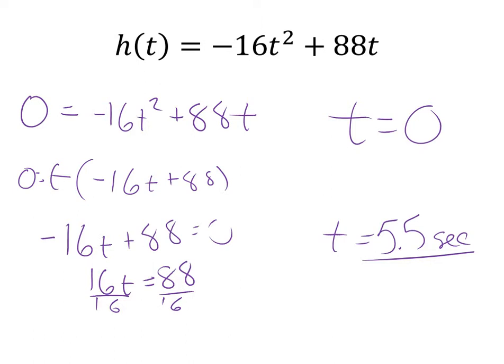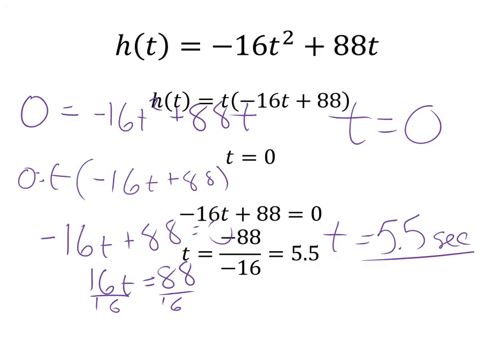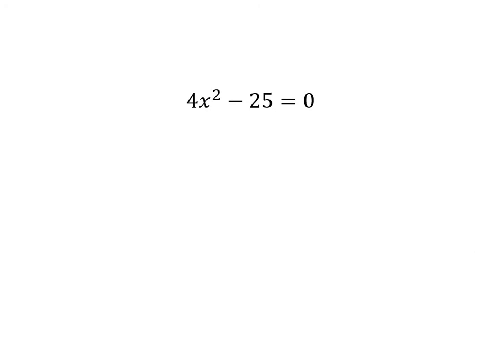So at 5.5, it's on the ground. What we'll do with this is plug it into the second equation: d(t) is equal to 88t, plug in 5.5, and that tells us the distance the ball traveled.